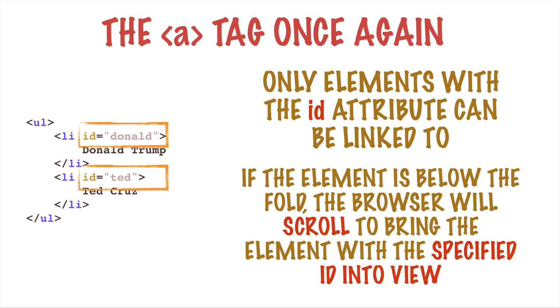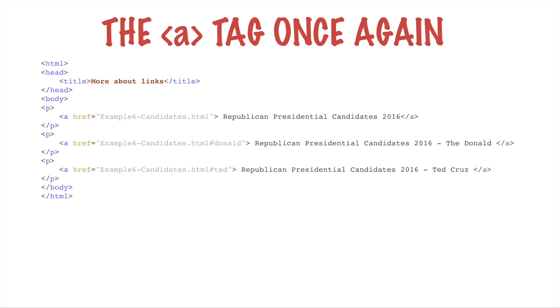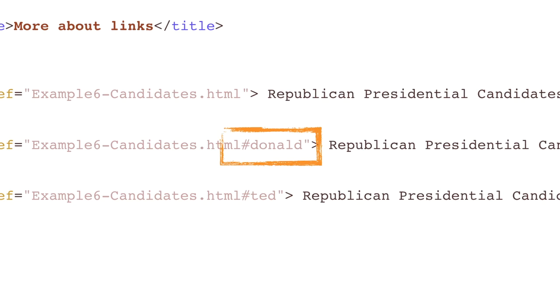Specifically, this means that when someone clicks on that link, the page will scroll down and bring this particular element into focus. Let's now make clear exactly how we would link to a portion of a page. You can see on screen now, we do so using the hash Donald.